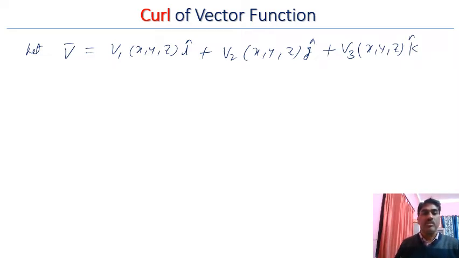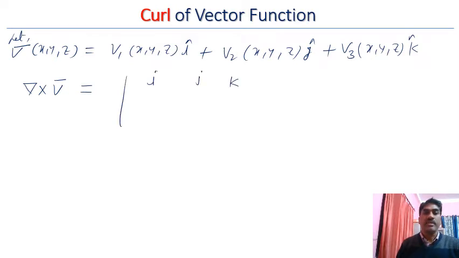Then, since v1, v2, v3 are the components of vector v, del cross v, as per the definition we just wrote, is the determinant with rows i, j, k, then the components of del, which are del by del x, del by del y, and del by del z, then the components of v, which are v1, v2 and v3.